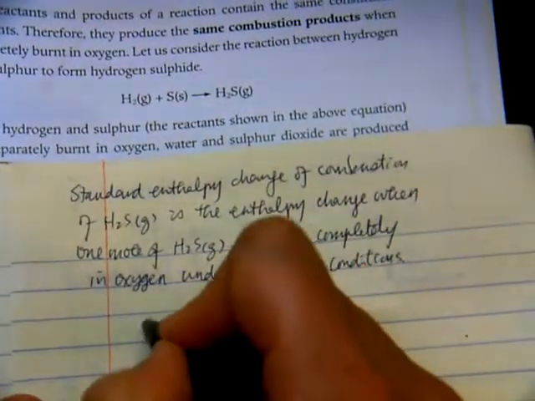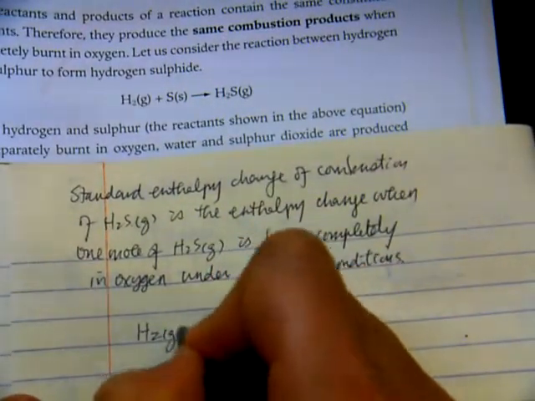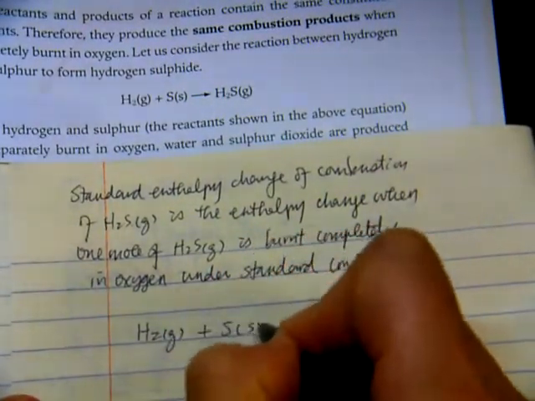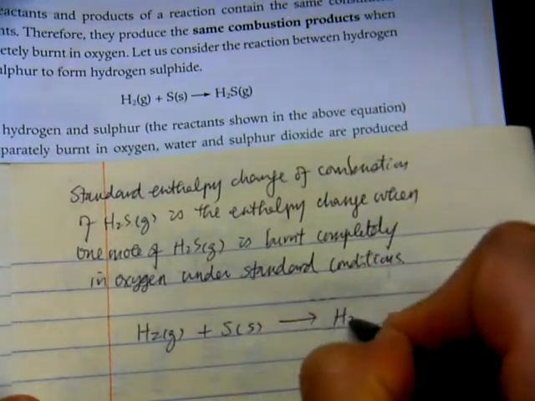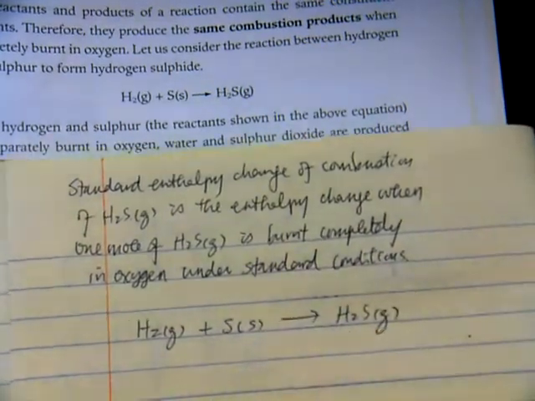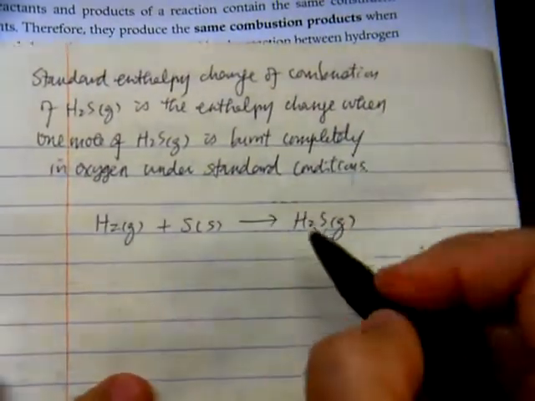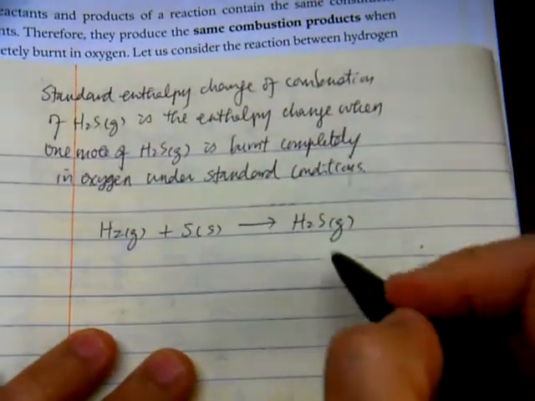Now, in other words, here is your target reaction. I will put it down horizontally. And now, the combustion of H2S is given.